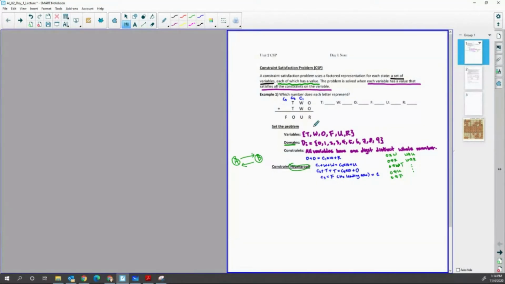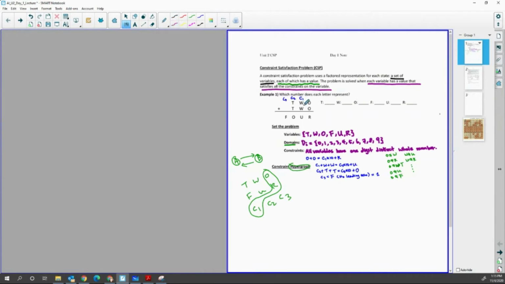But now, for an edge, we can connect multiple vertices. I can say T, W, O, F, U are also hidden variables C1, C2, C3. I can say O plus O is R and C1. So O, R, C1 can be connected in one edge.